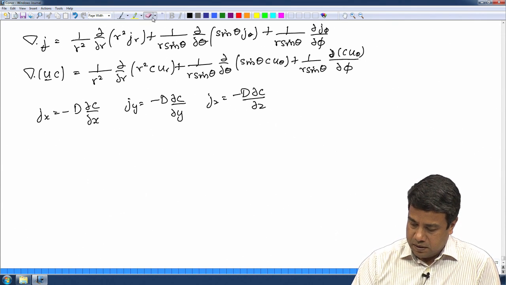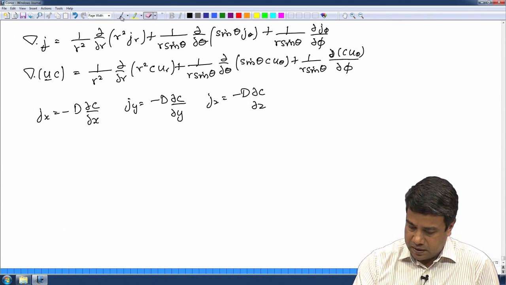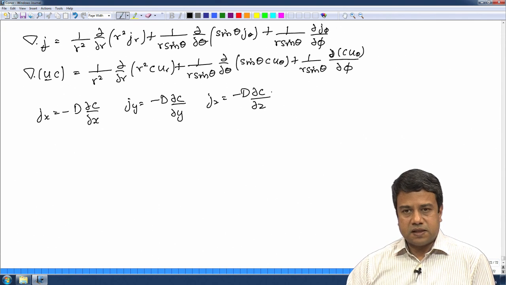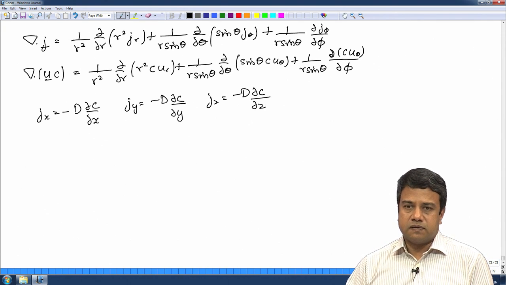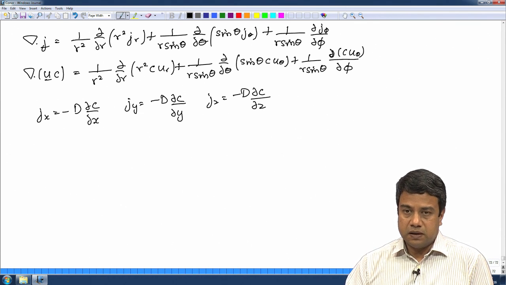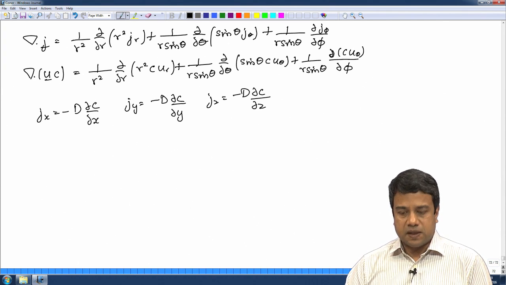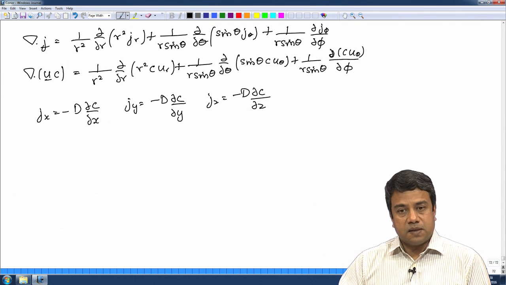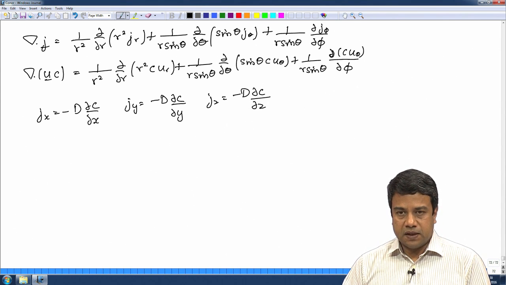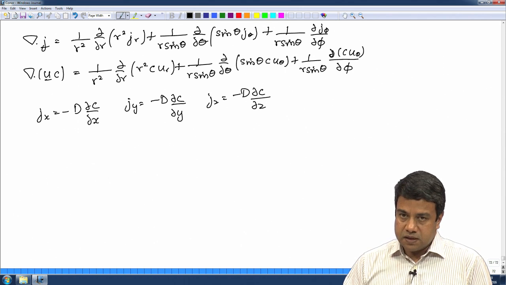In a spherical coordinate system, it will not be just derivatives with respect to the angles, because the derivative with respect to an angle does not have dimensions of inverse of length, whereas you would expect all terms in the flux to be a diffusion coefficient times the derivative with respect to position. So, you have to actually take the actual distance moved.